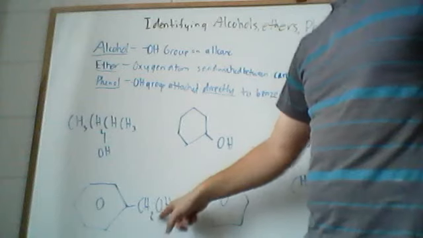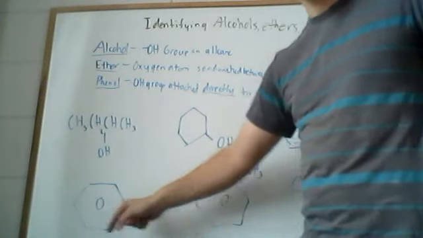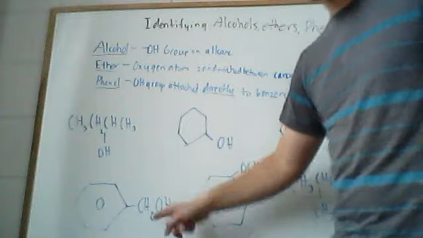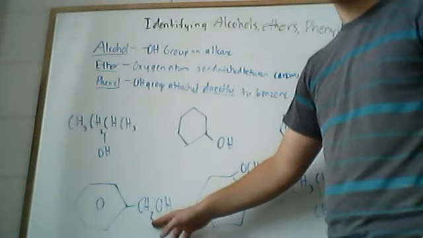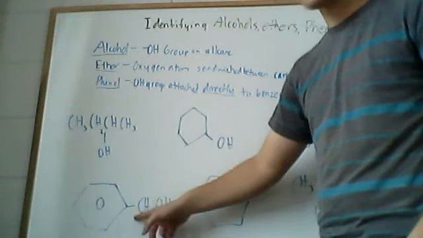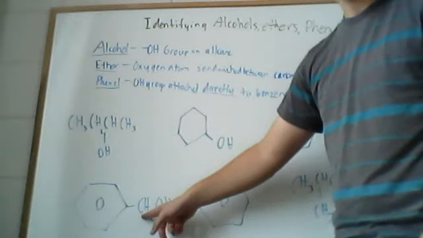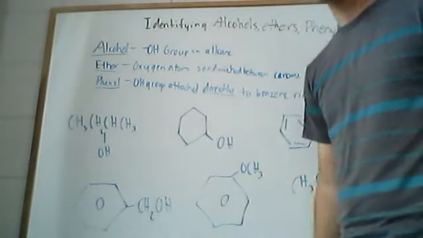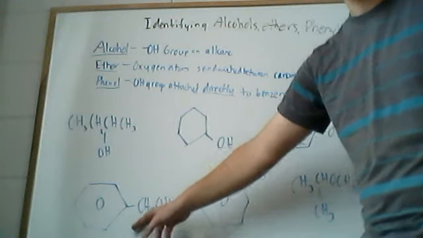And this one is directly attached to an alkane-like structure. So we don't have to count what this is, we just have to count what this is back here. Technically, this is an alcohol because we have an OH attached to an alkane-like structure. Even though this is not an alkane over here, the immediate carbon right next to it is alkane-ish. So this is actually an alcohol. You must keep that in mind.